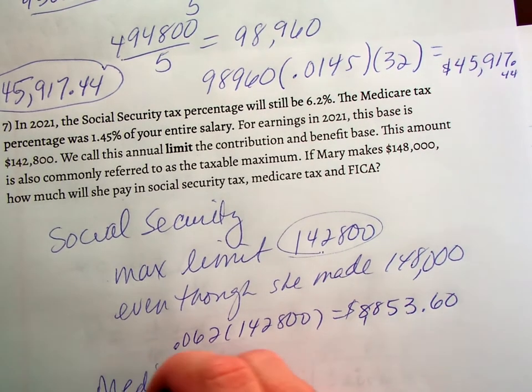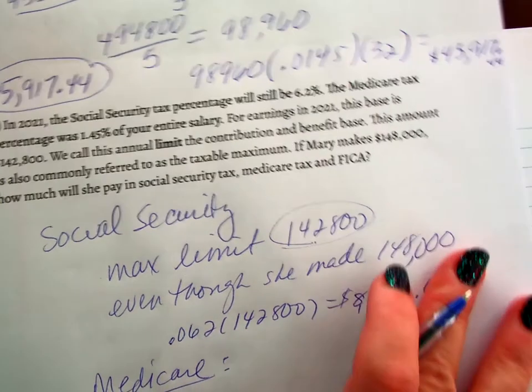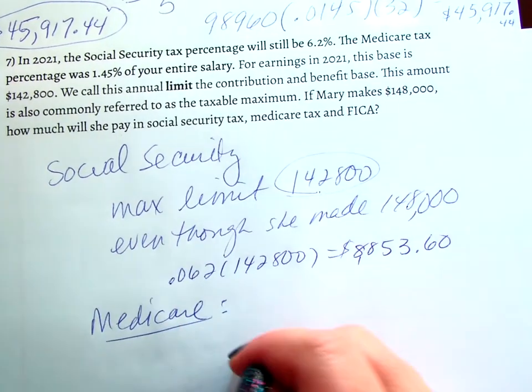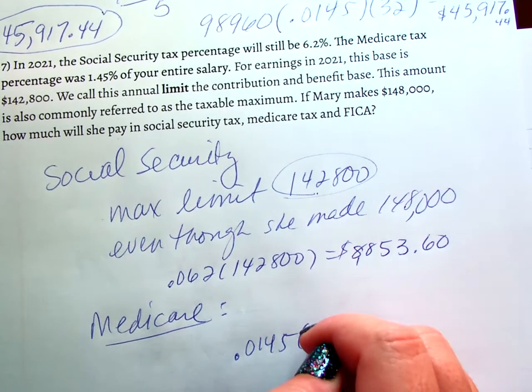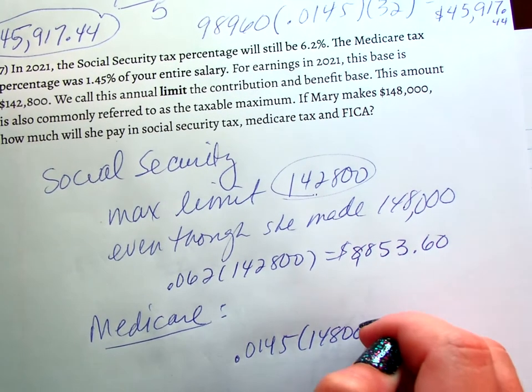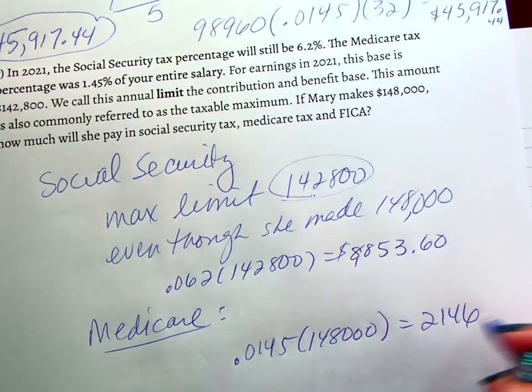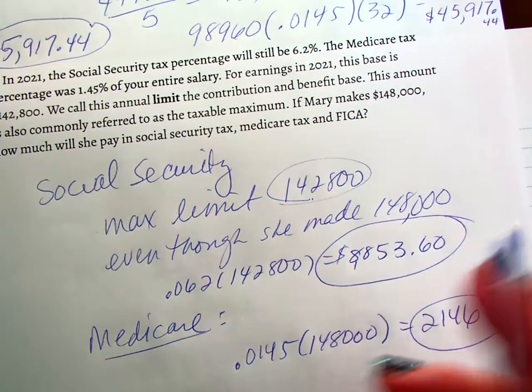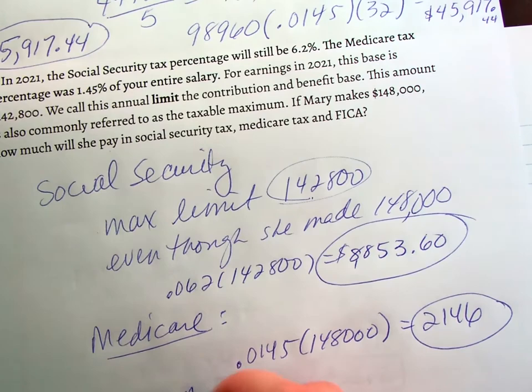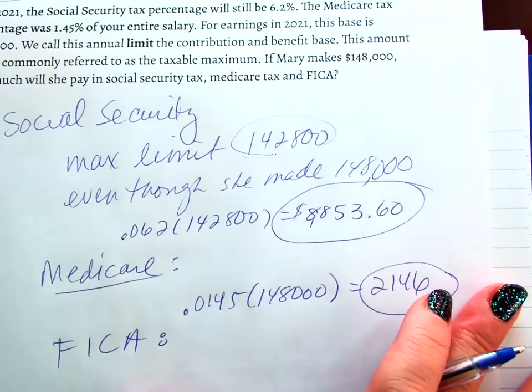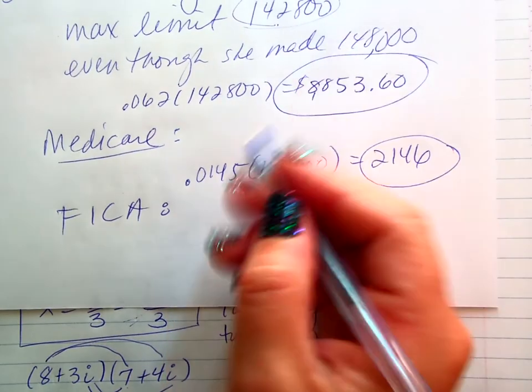But for Medicare, doesn't matter, there's no max. So Medicare, you use however much she made. So 0.0145 of her $148,000. For her Medicare, 0.0145 times $148,000, we get $2,146. Now we're going to add these two together to get FICA. FICA is the deduction that comes out on your paycheck, and it's the total of these two together.